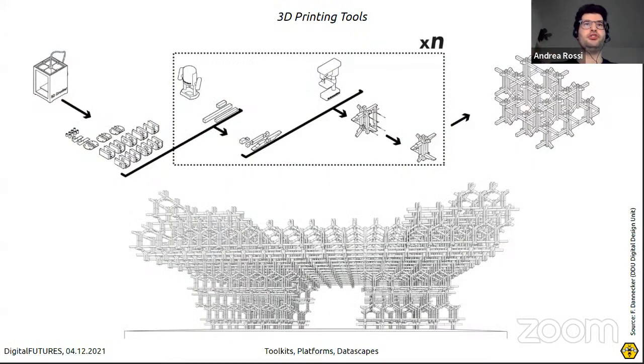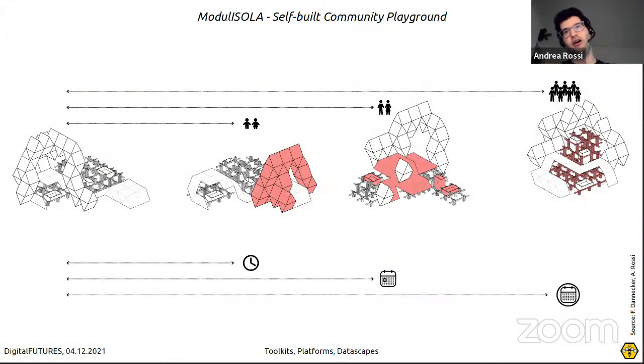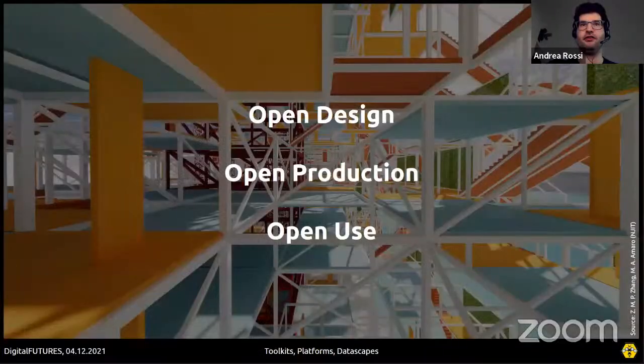The idea here was to produce 3D printed cutting guides that would allow using simple woodworking tools to create very complex structures. We also did a competition for a playground that could be built by its users without the need of any construction company being involved.